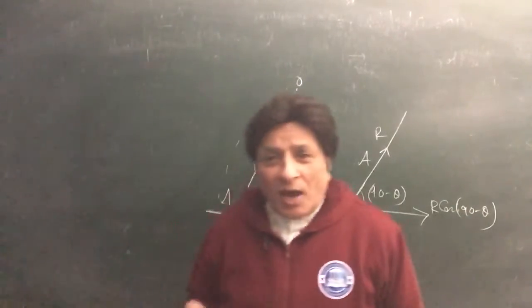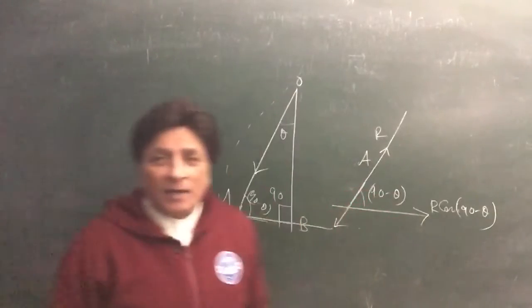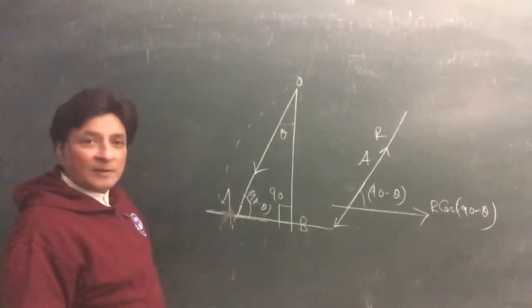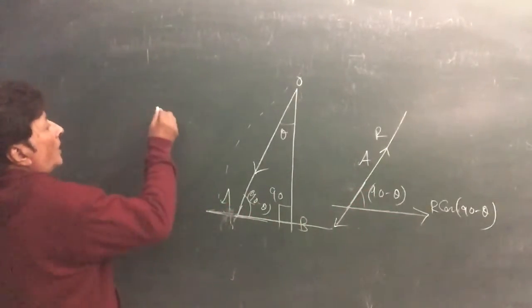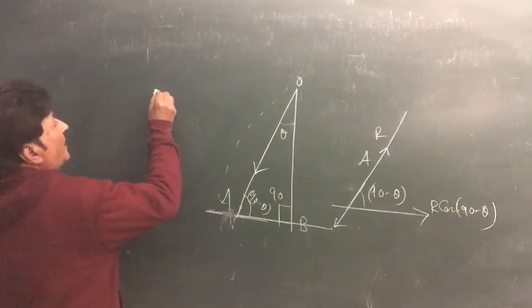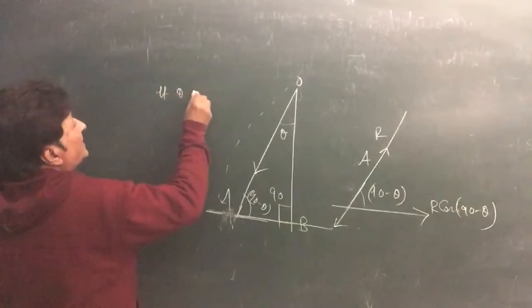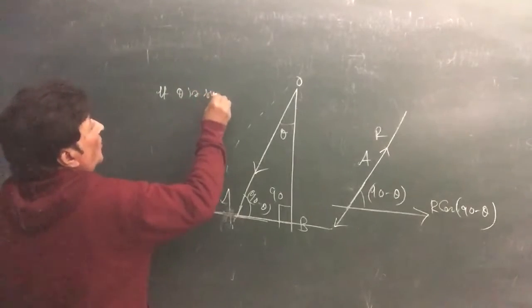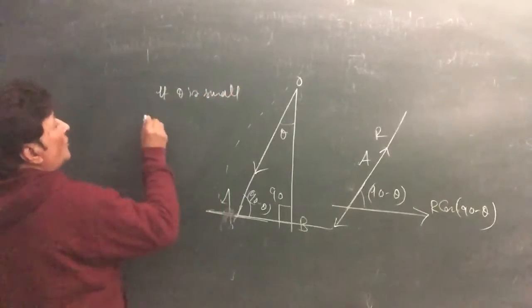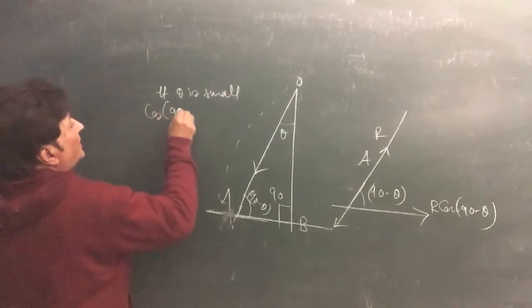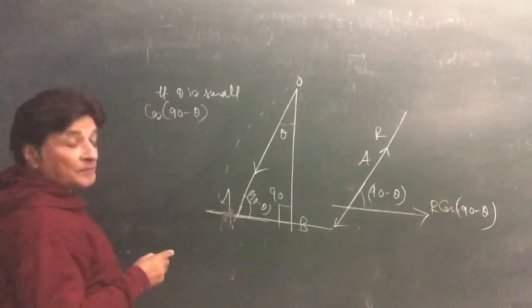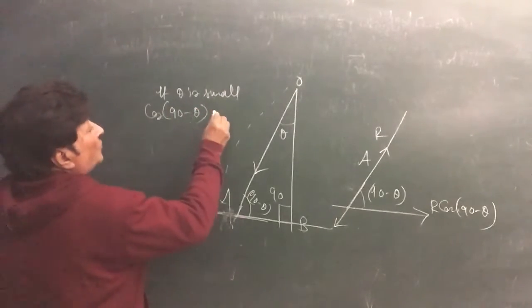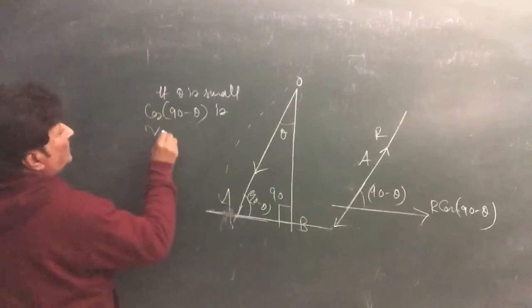Now, R cos 90 minus theta, if theta is small, the cos 90 minus theta is very small.